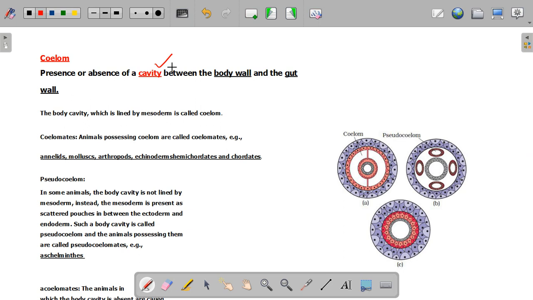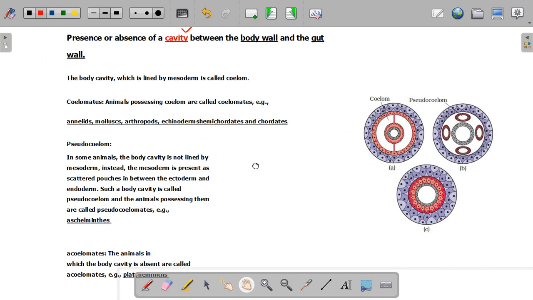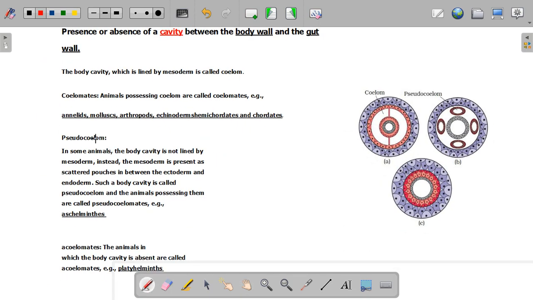Now, based on the presence and absence of the body cavity, organisms can be divided into three major categories. What are those? Acoelomates, pseudocoelomates, and coelomates. That means if we cut the body of that organism, and we find a cavity inside between the body wall and the gut wall, then we call it a coelomate organism.